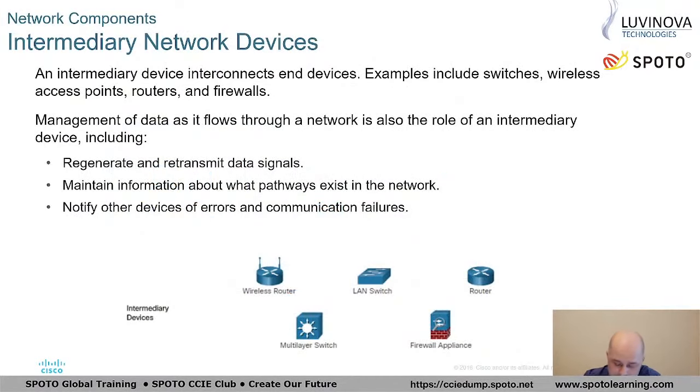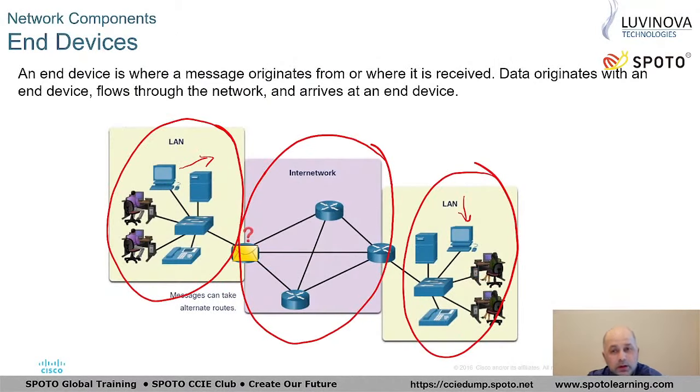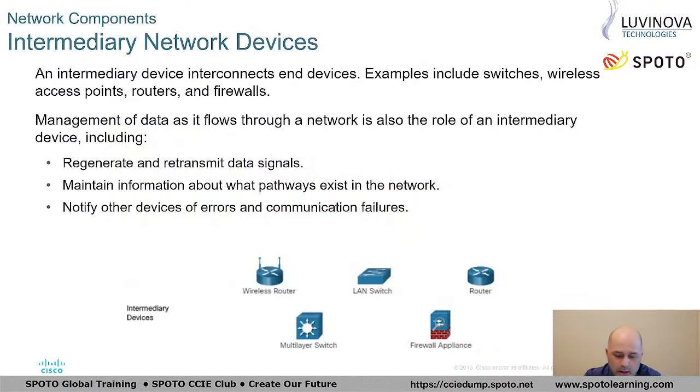So in this internetwork, if we go back here, we have many devices. We call them network devices. Those network devices we're going to talk about a little bit more further. We're going to point out that they are LAN switches, routers, multi-layer switches, and wireless routers, as well as firewall appliances.